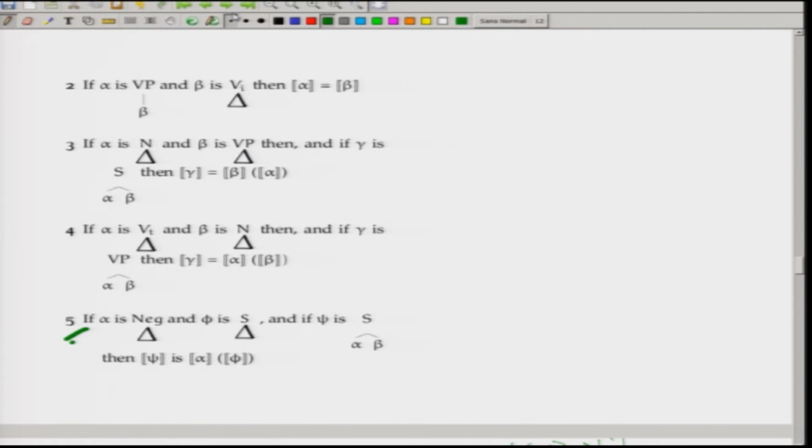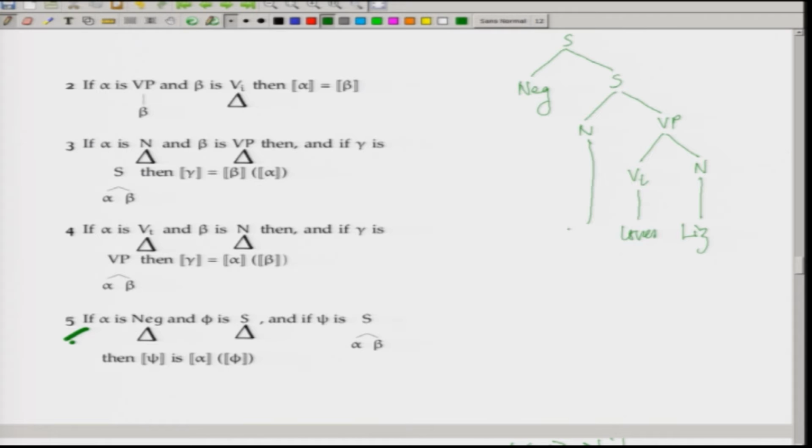Now, we make a sentence whose truth value we know, something like SADI loves Liz. We are just making another sentence, which is, it is not the case that Sadie loves Liz. So, the construction of that will be S goes to neg and S, and then S goes to once again N and VP, VP goes to VT and N, VT goes to loves and N goes to Liz.